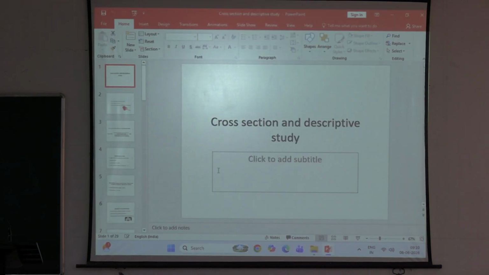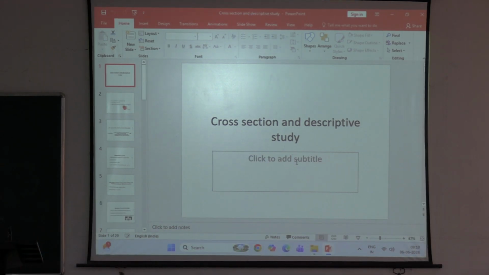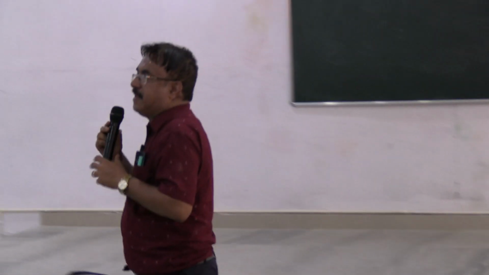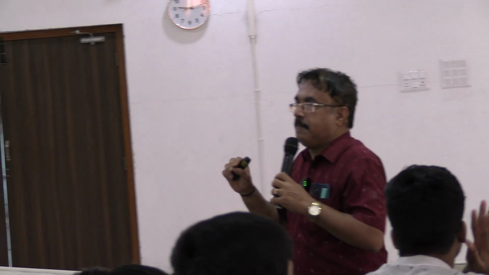Okay. What is a cross-section? A cross-section is just a snapshot of the present things. Now, a cross-section study alone gives you nothing actually. Descriptive also gives you basically minimal data. But to go further, you have to proceed a bit further. For example, this is a cross-section of which batch?